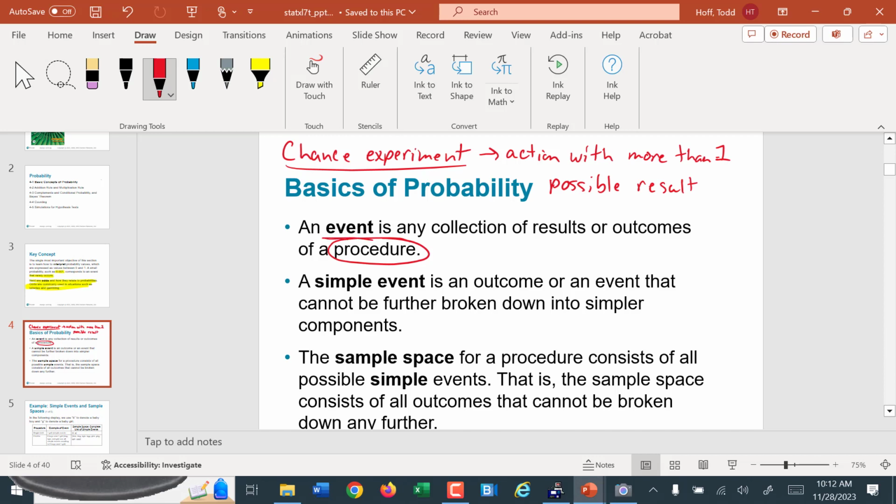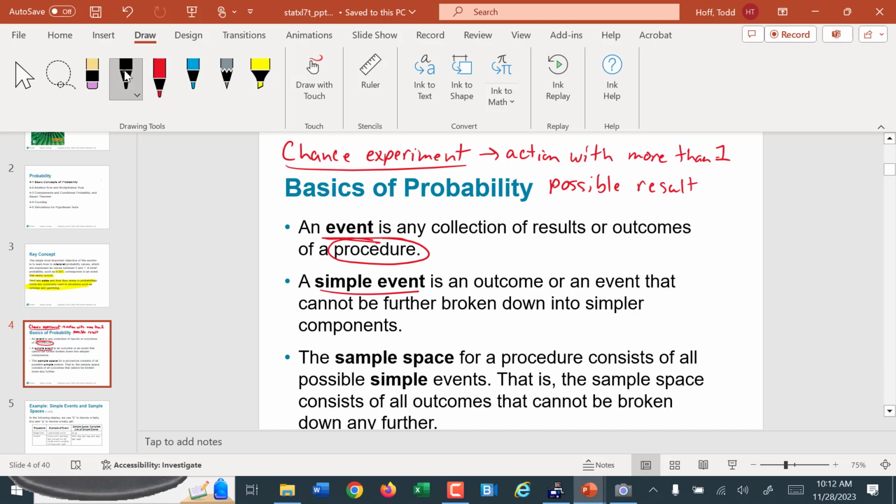So an event is any of the possible results or outcomes from that procedure, that chance experiment. A simple event is a single outcome that cannot be broken down into any simpler components.